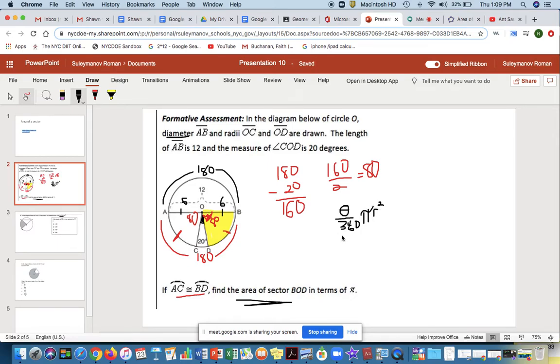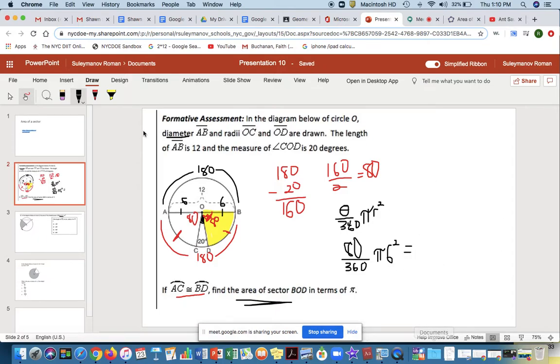In this case, our angle is 80, so we have 80 over 360, and we have pi r squared. We know what r is, right? We don't have to write it 2 times. The radius in this case is 6 squared.